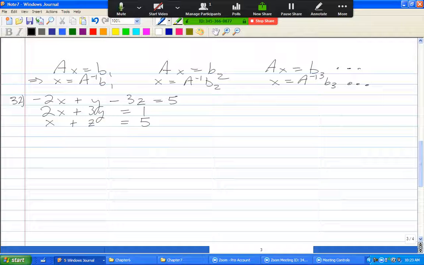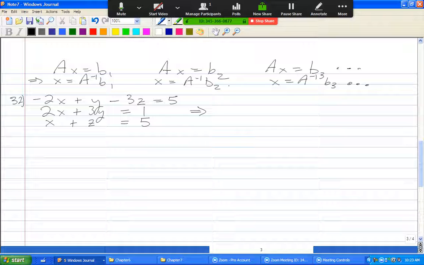Okay, so let me solve this. Actually, let me rewrite this so it'll be a little bit easier for me to solve. Let me write it as follows.